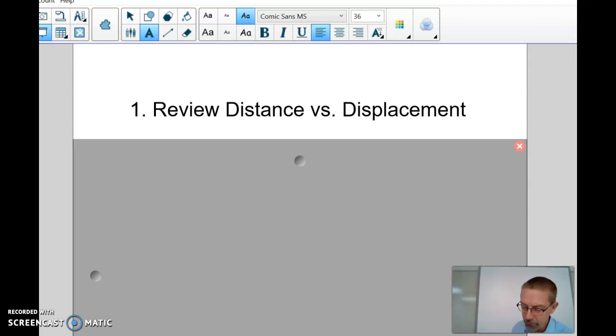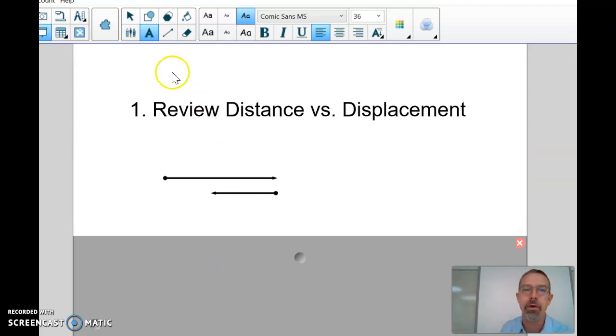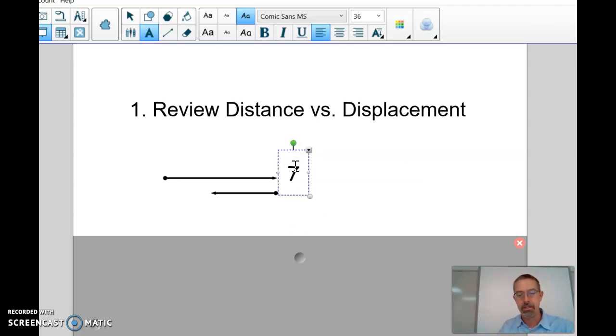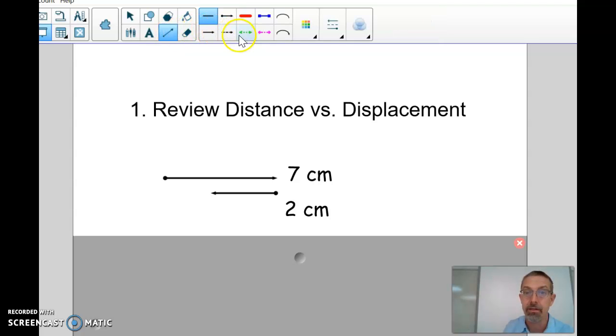So our starting point is we've been talking about distance and displacement, and they don't really mean the same thing. For instance, if you have something that travels 7 centimeters east and then all of a sudden travels 2 centimeters back west, their displacement and distance are not going to be the same. Their distance would have been 9 centimeters because they walked there and back, but your displacement would only be a total of 5 centimeters.